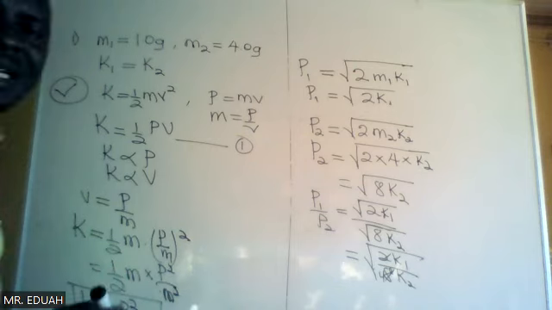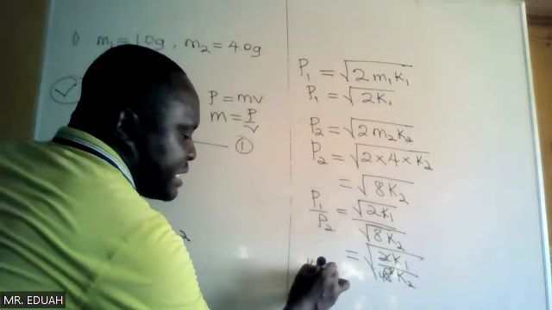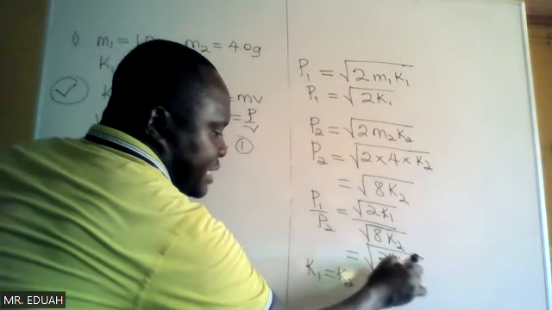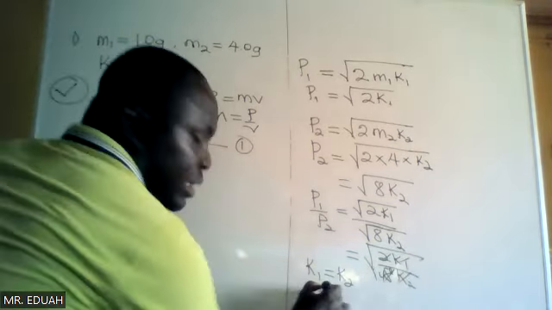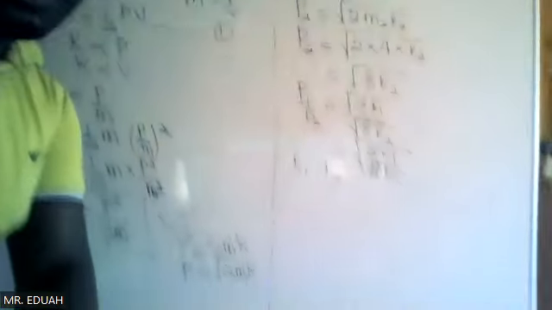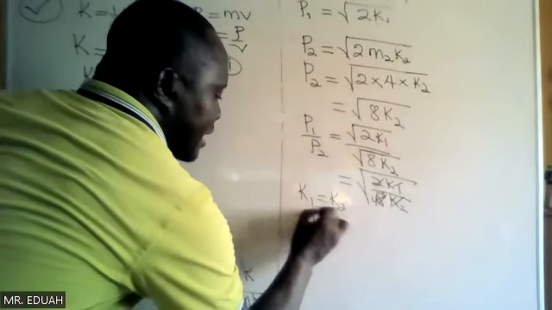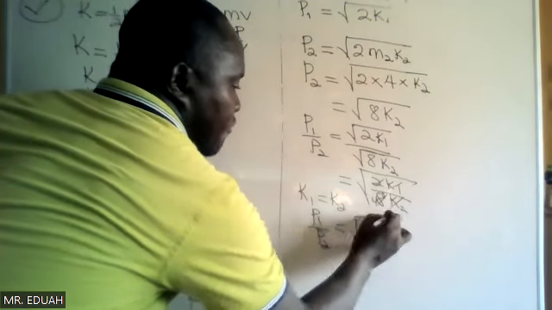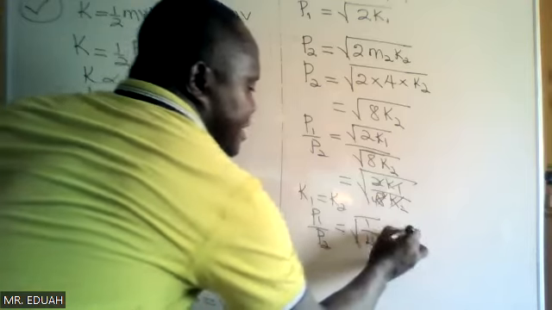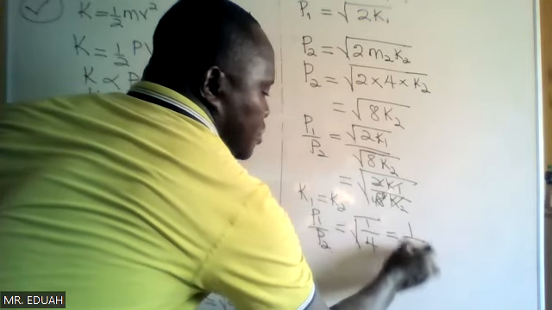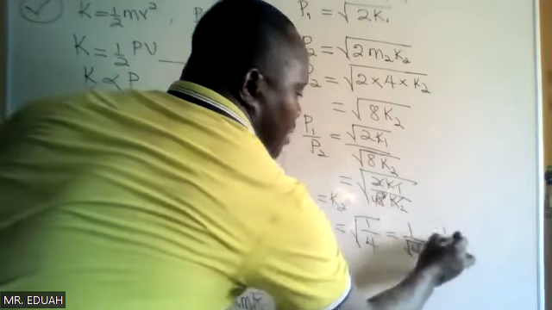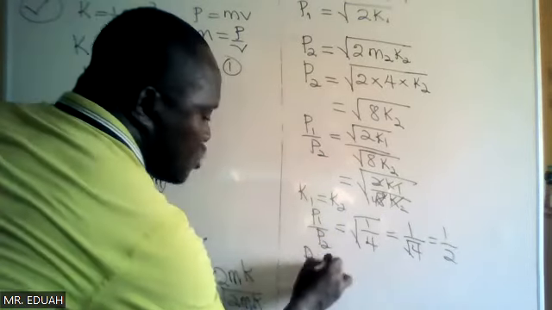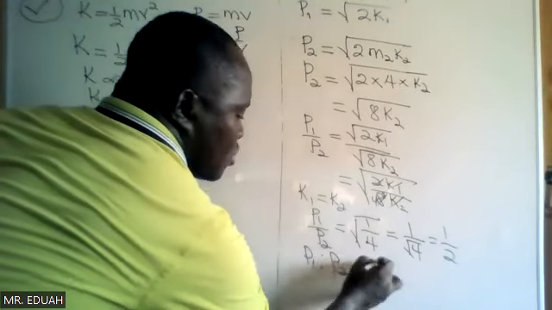Earlier, we were told that they have equal kinetic energies, so K1 is equal to K2. Therefore, this and this will cancel out. So the ratio P1 on P2 is equal to the square root of 1 on 4, which is the same as 1 on root of 4, 1 on 2. So P1 is to P2 is equal to 1:2.